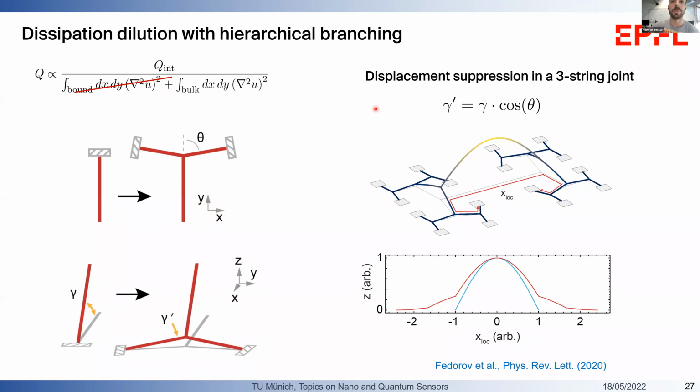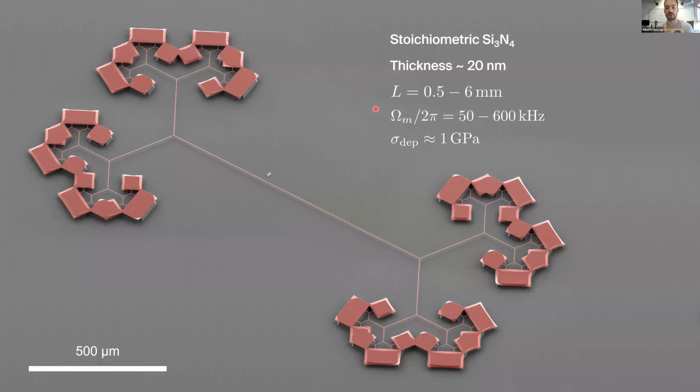To demonstrate it, we made these fractal-like devices, which present several generations of three-beam joints. They were made out of silicon nitride, around 20 nanometers thick, with a deposition stress of 1 gigapascal or a bit more.